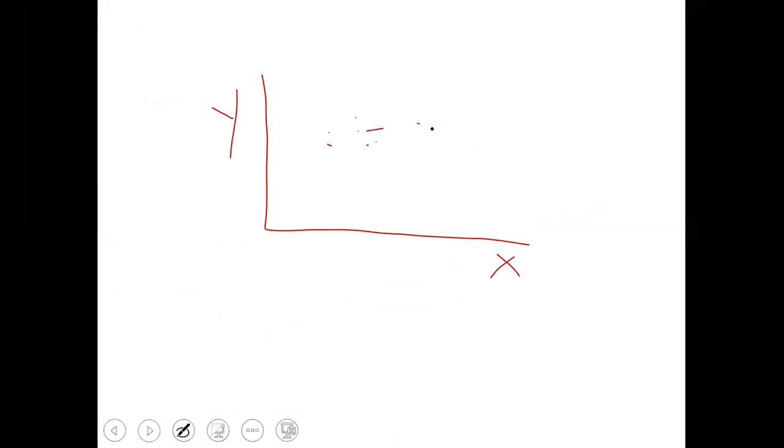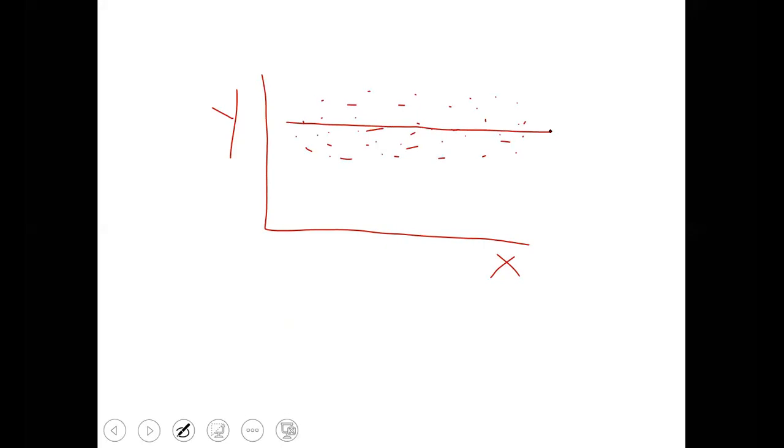So you see that kind of thing. Let's say this is the data as an example. So here if you try to develop a line, the line is something like that. I'm talking about correlation, nothing else.